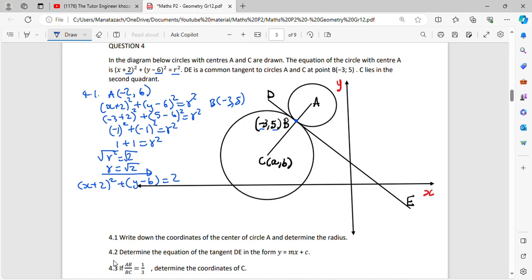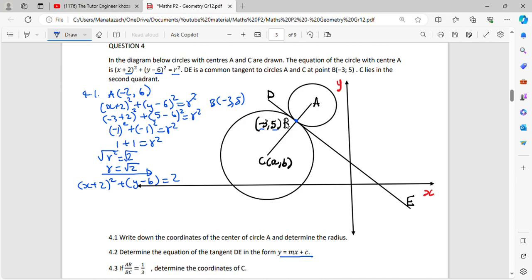And then the following question is, determine the equation of the tangent DE in the form y equals mx plus c. So we already know that DE is passing through point B. Now we need to find more information to calculate the formula for DE. We need to find the gradient for DE.